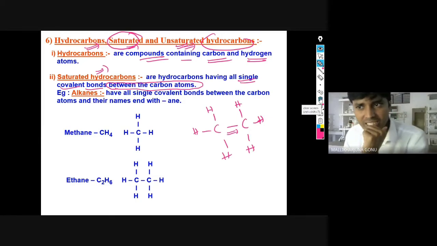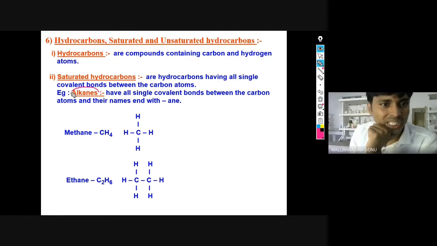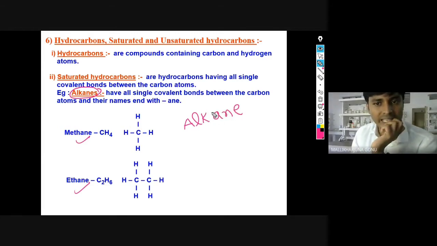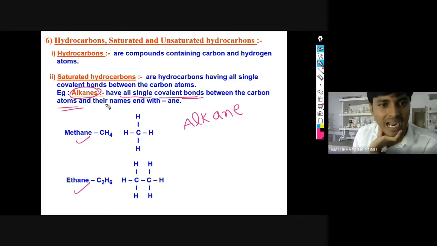Examples of such compounds are alkanes. We call this type of compound an alkane. A new word is coming: alkane. You have to remember this. What do we call alkanes? These are compounds with all single covalent bonds between the carbon atoms, and their names end with -ane.